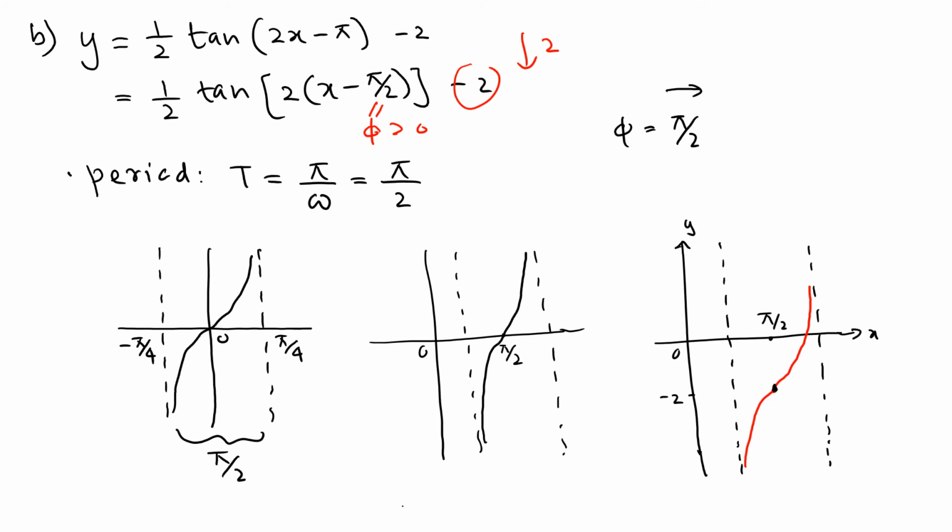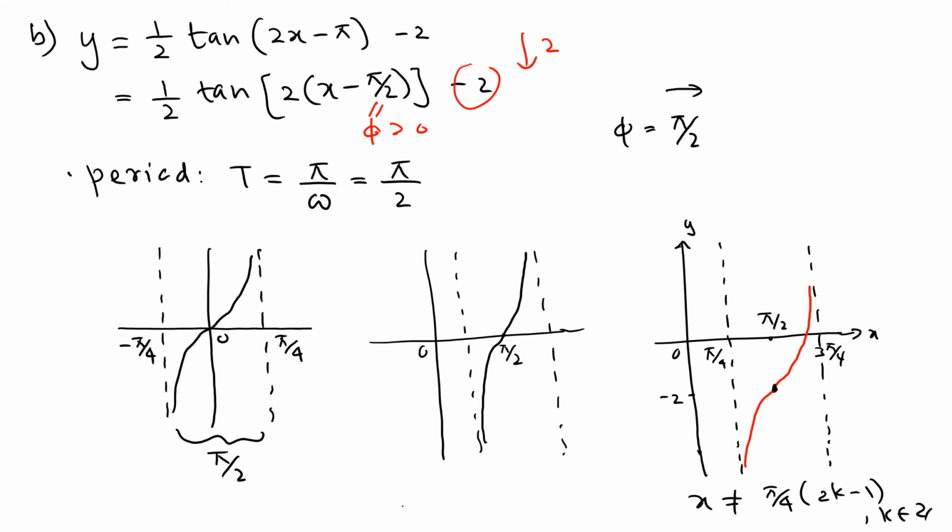And then as before, you can write the range and the domain. The range is all values. For the domain, x cannot be odd multiples of pi over 4 now, so pi over 4, 3 pi over 4. So x cannot be equal to odd multiples of pi over 4, which is (2k minus 1) times pi over 4.